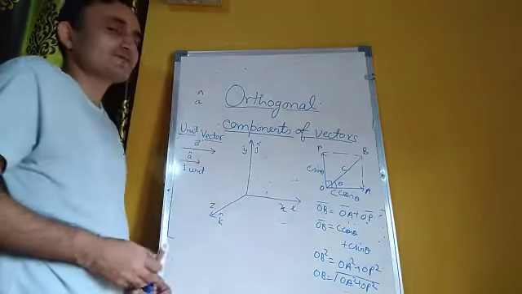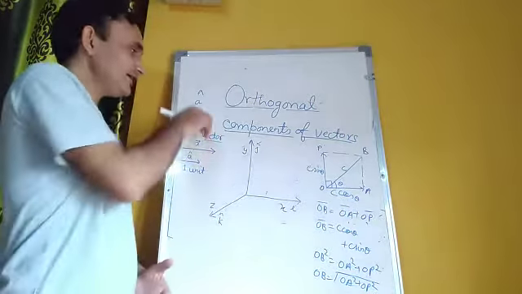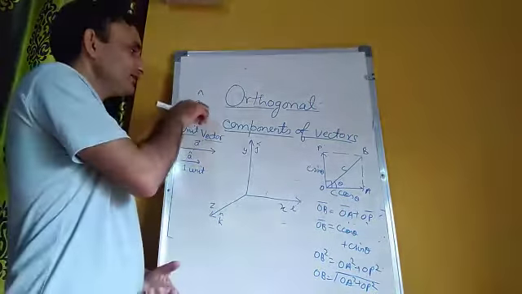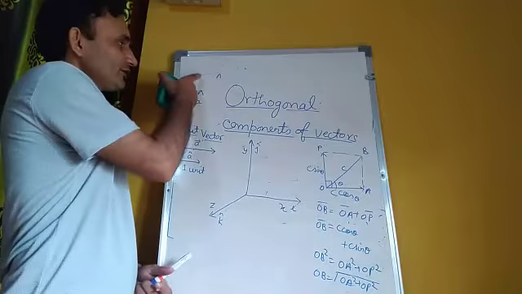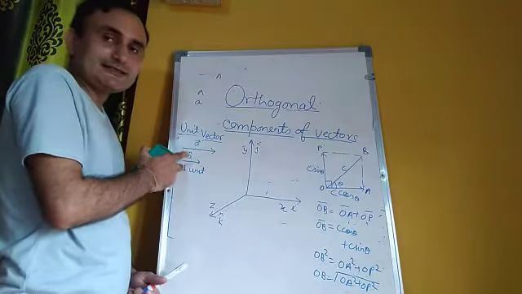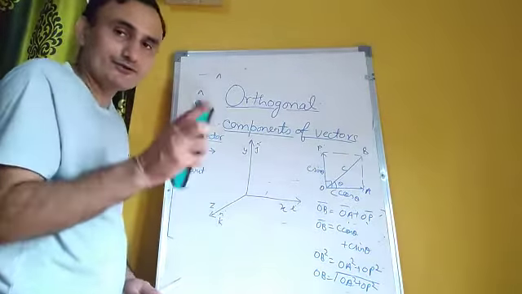Not this sign but this sign, like the sign you use for putting powers in calculators. So this tells us that this is a vector of unit magnitude, 1 unit.